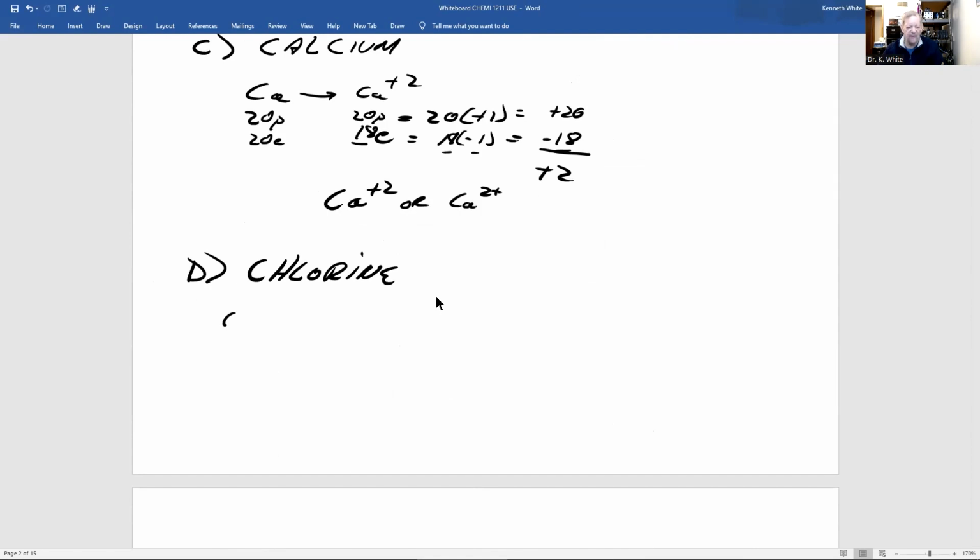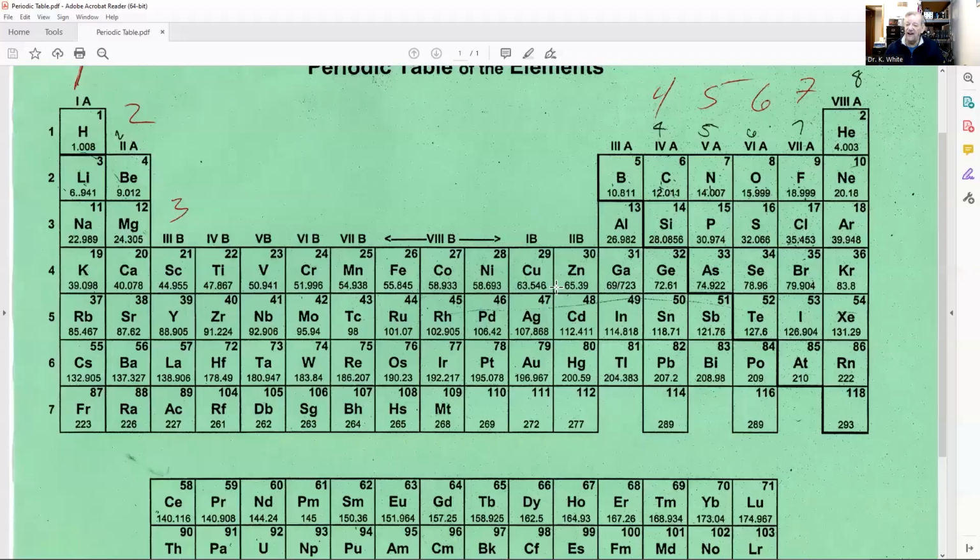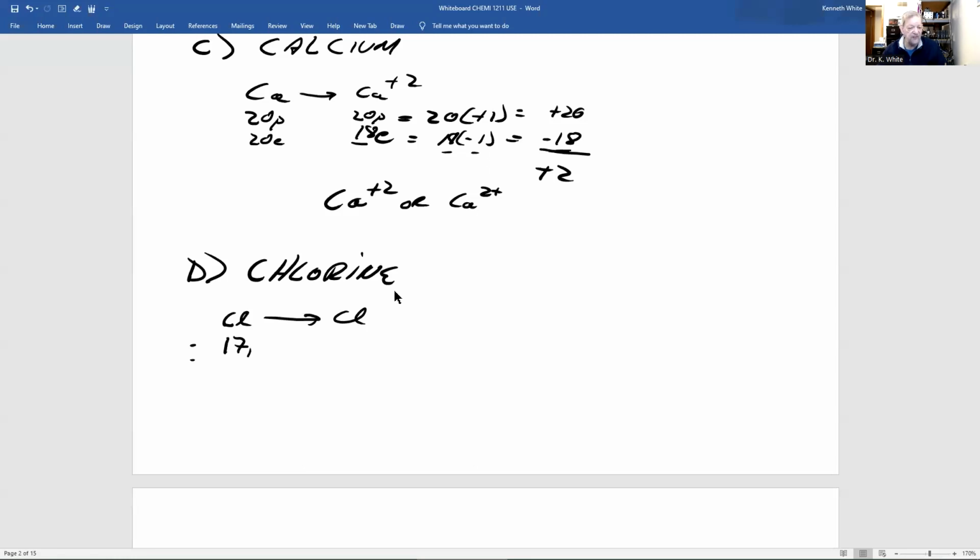So chlorine has a chemical symbol, Cl, and the first thing you have to know is how many protons and electrons chlorine has. Well, how do you do that? You go to your periodic table, chlorine, a halogen, second to last column, Cl, atomic number 17, that tells you how many protons and electrons. So chlorine has 17 protons, 17 electrons.